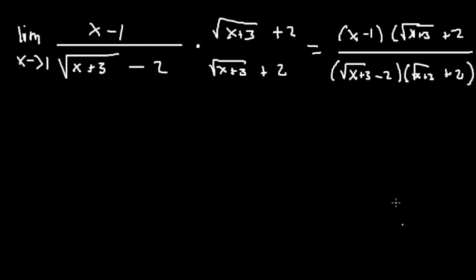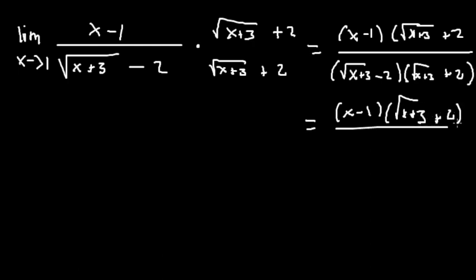Now, let us simplify. So that's going to be x minus 1 over the square root of x plus 3 plus 2.